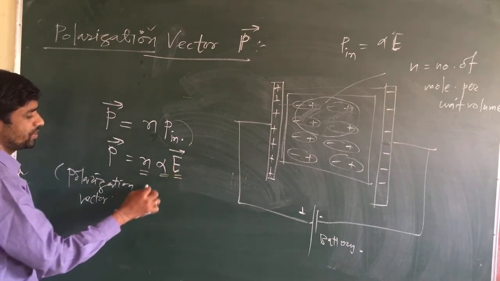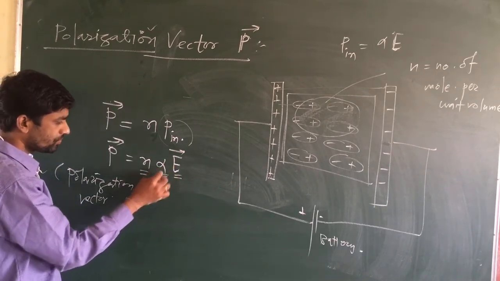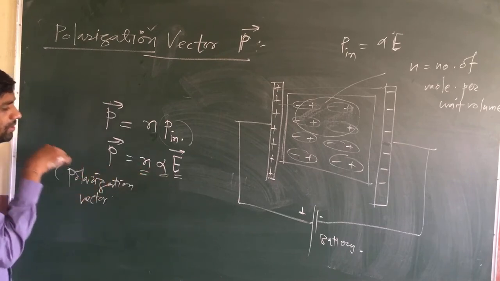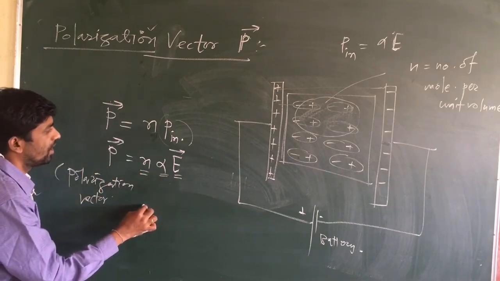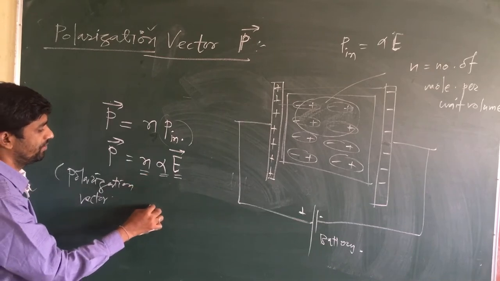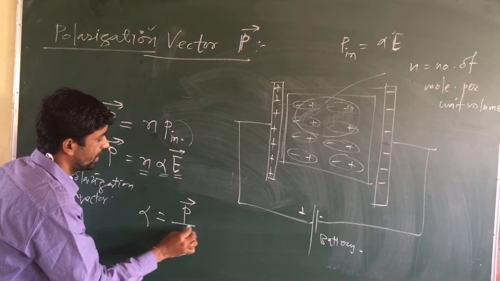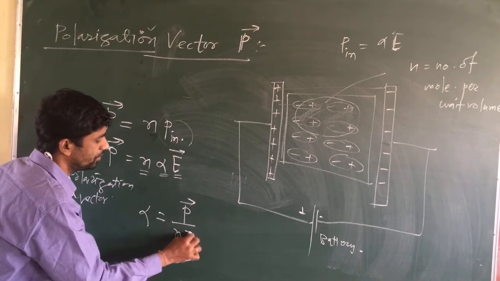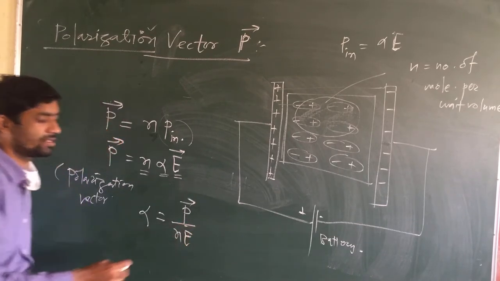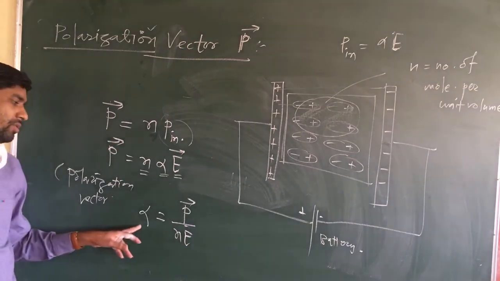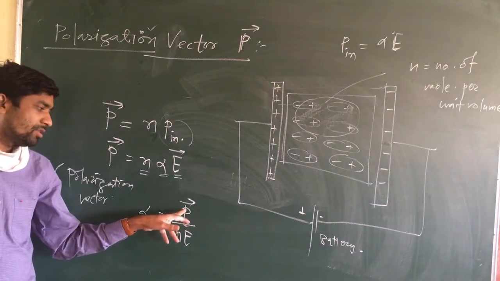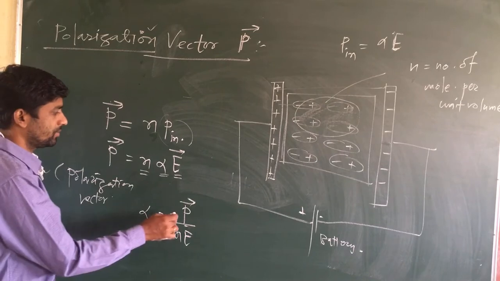From this equation you can write alpha equals the polarization vector divided by n times E, the external electric field.